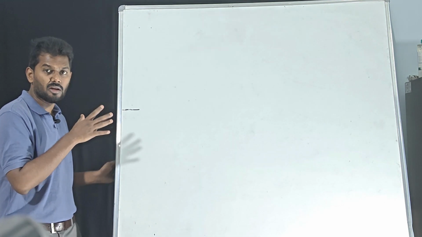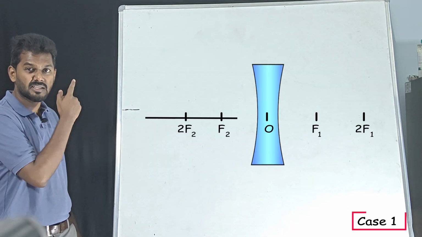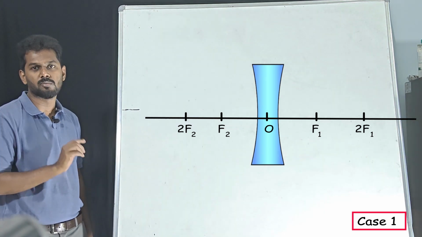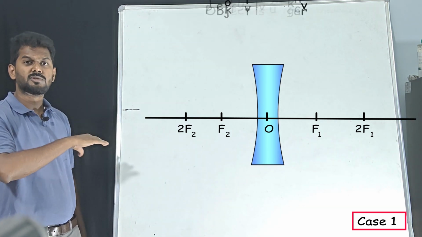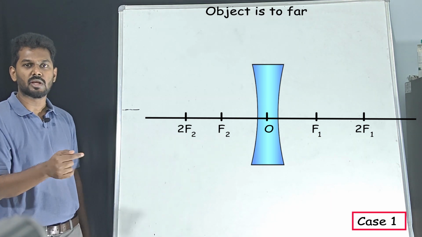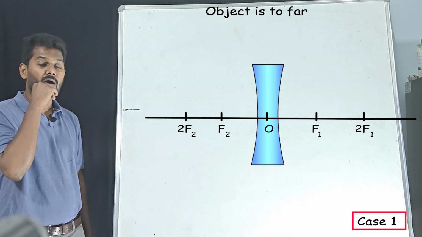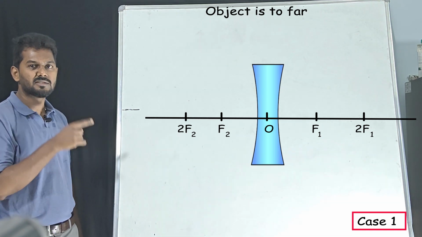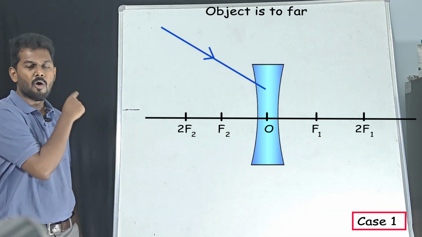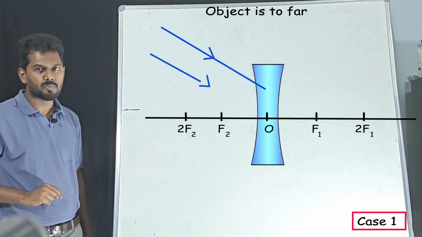Once you draw the concave lens, the important thing is the left side it is f2 to f2, the right side it is f1 to f1. That is very much important. Now here the object is too far, not at infinity, exactly like the convex lens, too far away from the lens. Then one ray will not be parallel to the principal axis. One ray will be passing through the optic center.